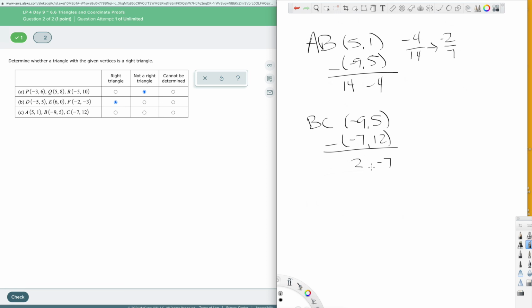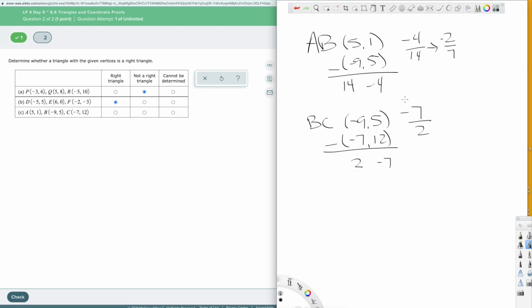So let's see. This ends up being -7 over 2. So there are reciprocals of each other, but they're not negative to positive. It's negative and negative. So these are not perpendicular to each other.